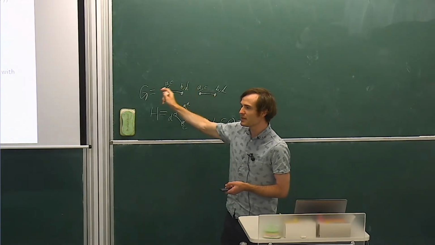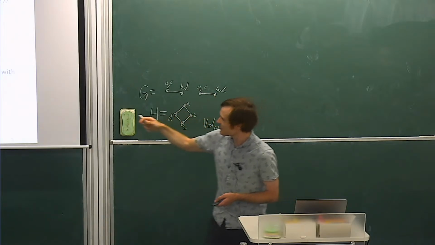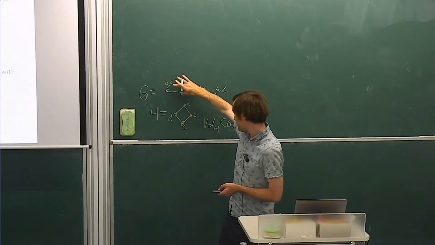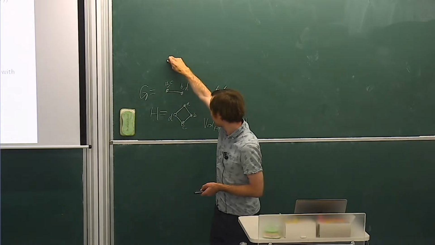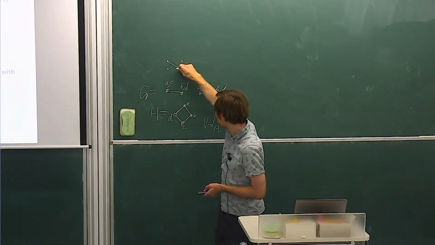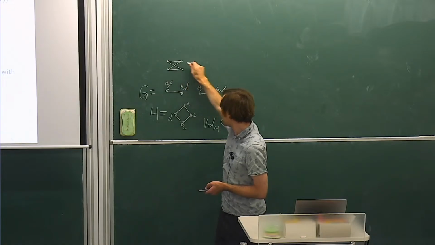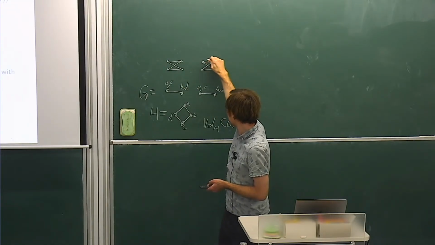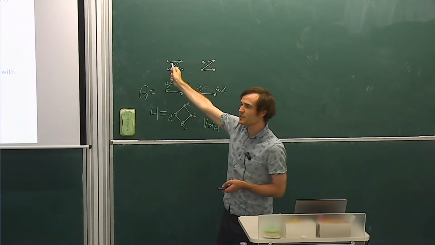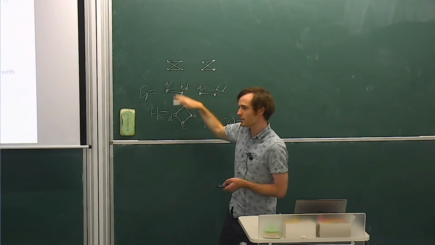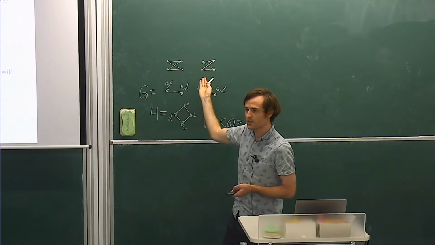But another way of seeing this is to take a blow-up of G, so we replace each vertex of G with an independent set of size 2, and then you obtain this graph here, and we see that 2 disjoint copies of H now occur as minors of this graph.